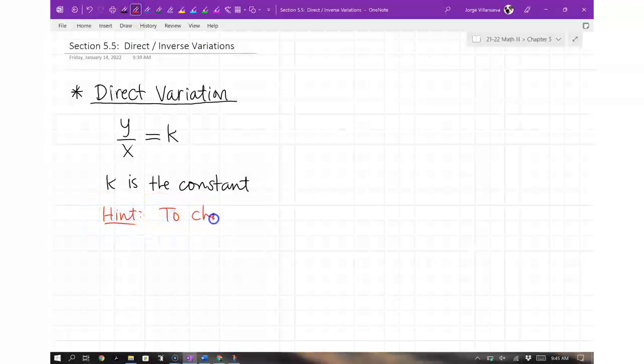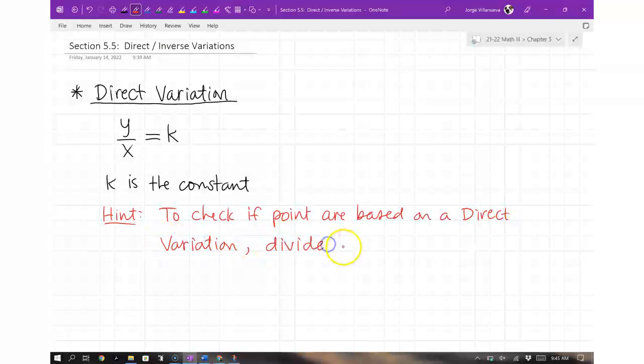To check if points are based on a direct variation, divide y by x.